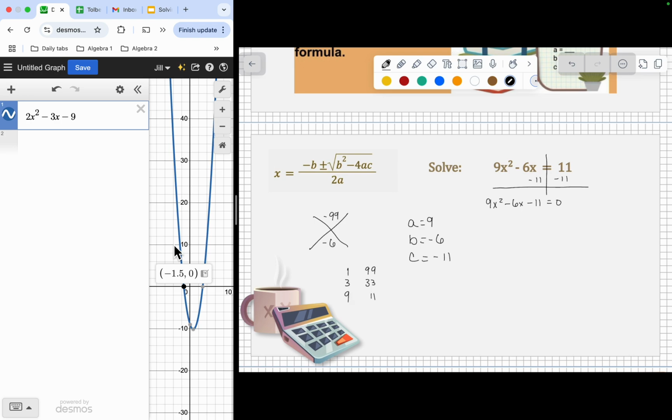Those are the only ways we can multiply and get 99. So we could have negative 99 and positive 1, but that still doesn't give us negative 6 when we add. We could have 99 and negative 1, still doesn't give us negative 6. We could make the 33 negative and the 3 negative. None of those combine to give us negative 6. That's how I know I'm going to need to use the quadratic formula, because it does not factor.